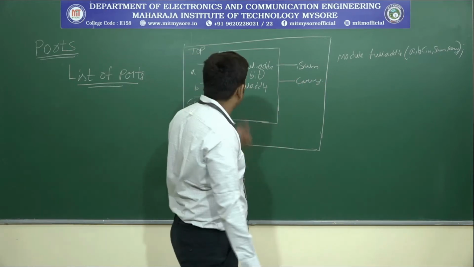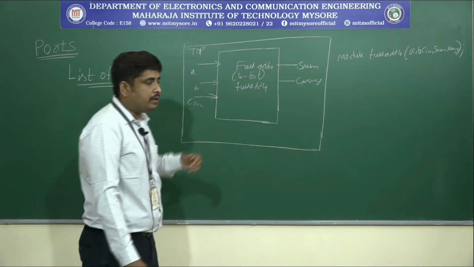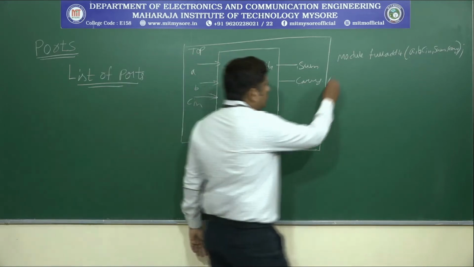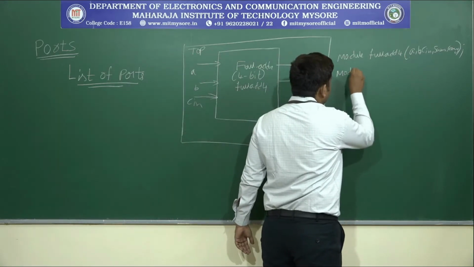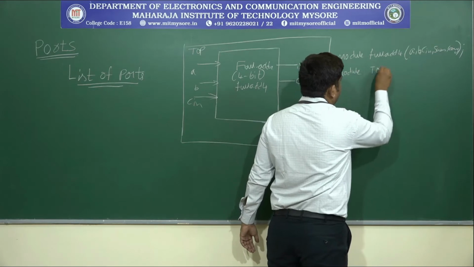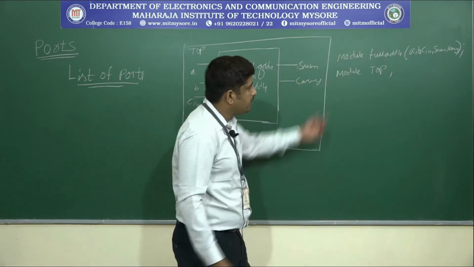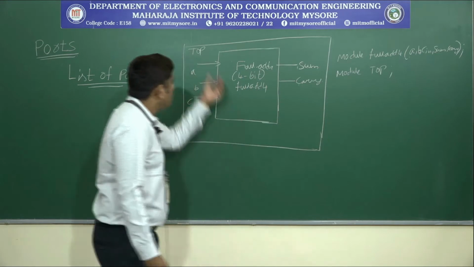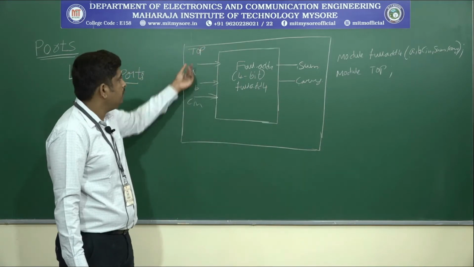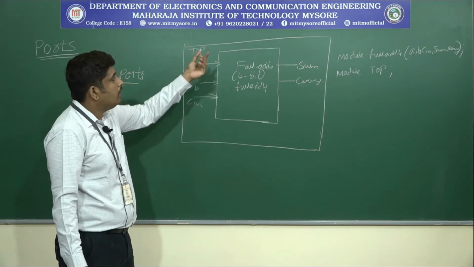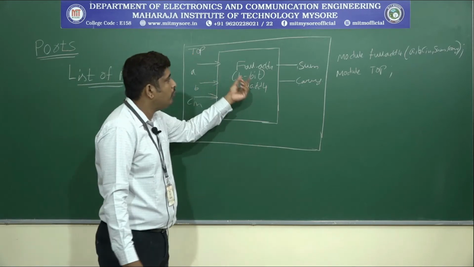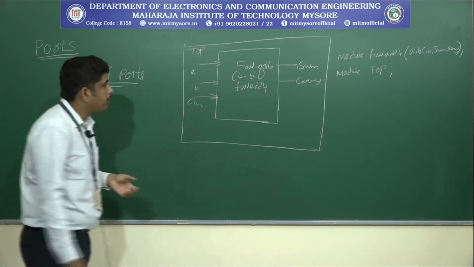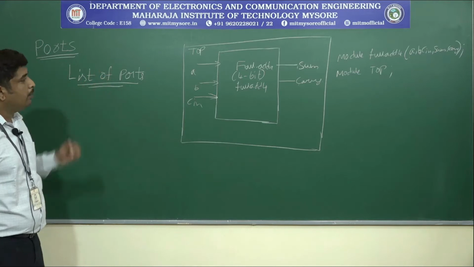Next we consider the top level block: module top. Why do we simply write module top? Because there are no ports here. There are no ports belonging to top; the ports belong only to the full adder circuit. So this is the representation of ports.